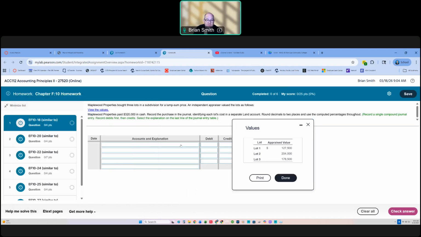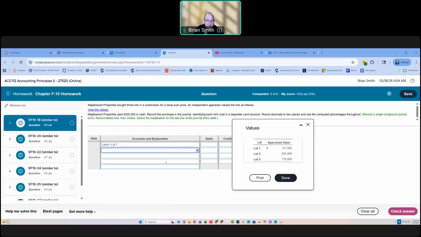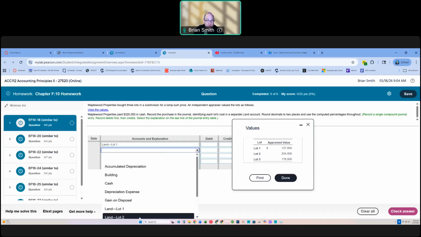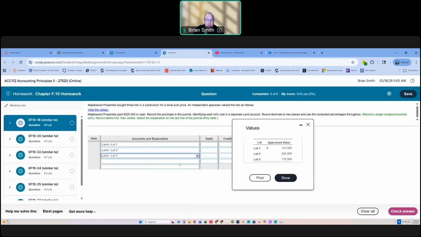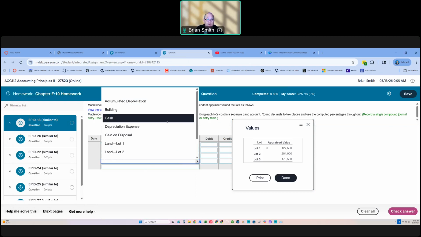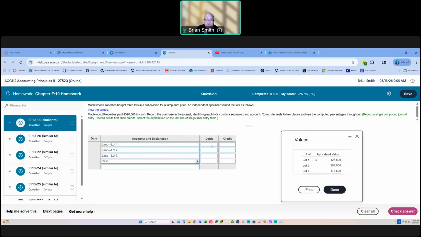And that's going to be our journal entry here. We're going to debit lot 1, lot 2, oops, it didn't take, and then lot 3. And then we're going to credit cash. I'm assuming cash, since it didn't say anything else.